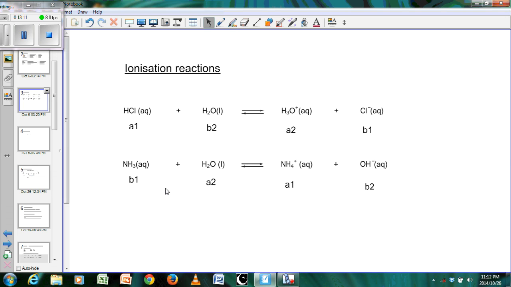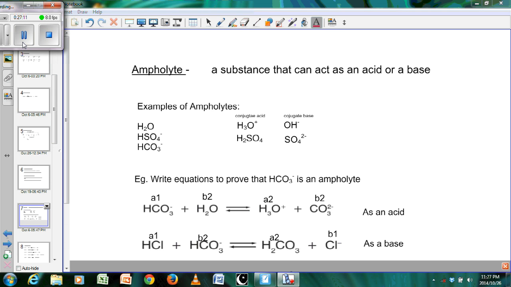So here what is actually happening is that the H2O gives one H plus, one proton, to the NH3. So the H2O becomes OH minus and the NH3 becomes NH4 plus. And that is a summary of the introduction to acids and bases.